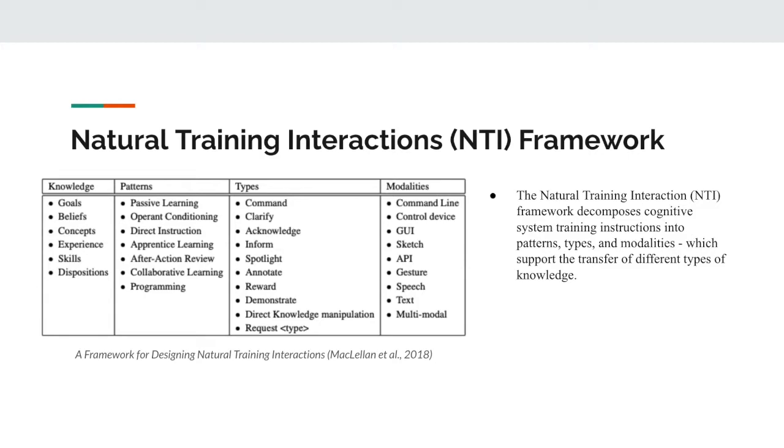And the modalities that may be used in an interaction may be command line, a control device, a GUI, a sketch, an API, or speech and so forth. So the natural training interaction framework essentially helps us break down an interaction into these characteristics to help understand the transfer of knowledge from, in this case, a human to an AI agent.